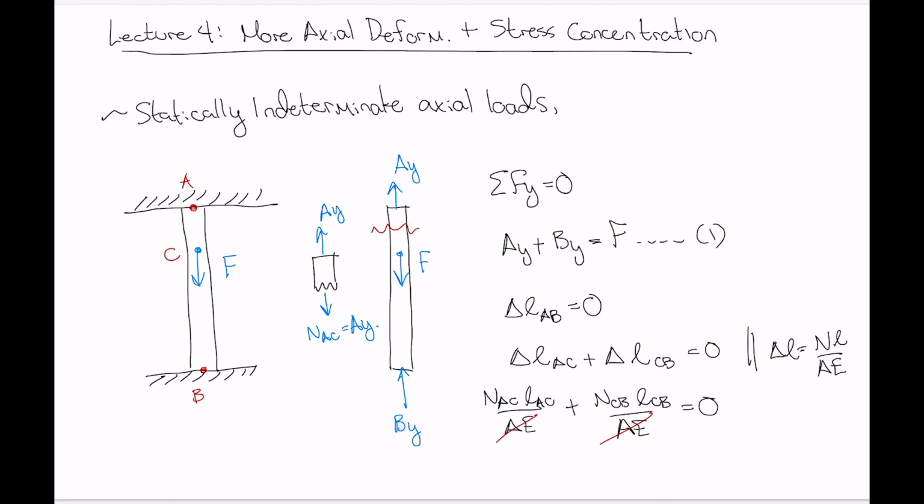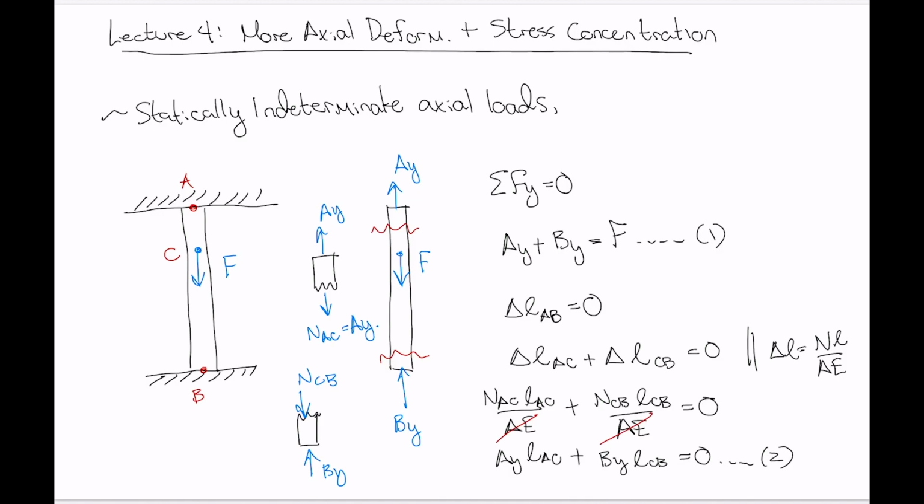Okay, so now N_AC is equal to AY, so we've got AY L_AC plus, and then we do the same thing over here, take a section cut through that, and we can see that BY is equal to the normal force in CB. Make that substitution, BY L_CB is equal to 0. And that becomes our second equation.